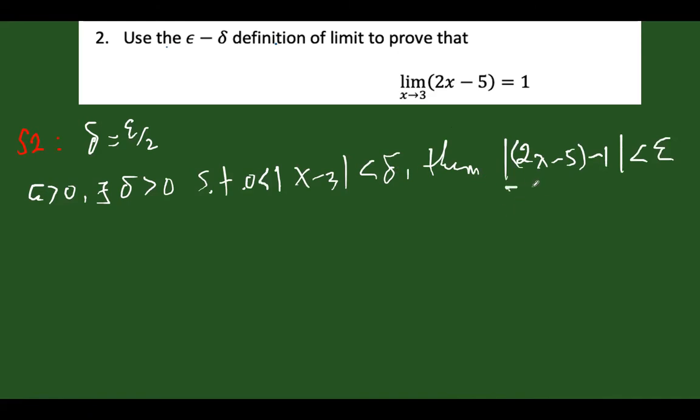So again, we want to show that epsilon exists when the value of delta is epsilon over 2.